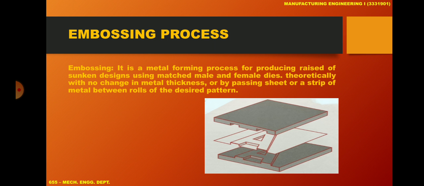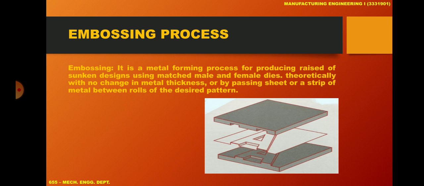Embossing is a metal forming process for producing raised or sunken design, either raising the letter or number from its original surface or sunken, using matched male and female dies as we discussed. Theoretically, there is no change in metal thickness.